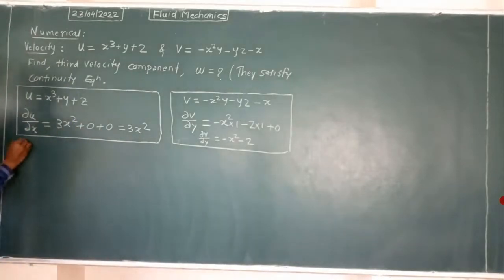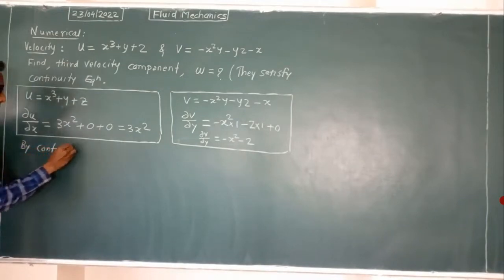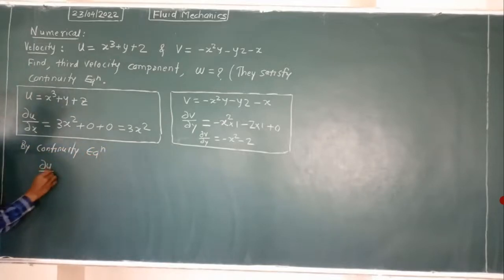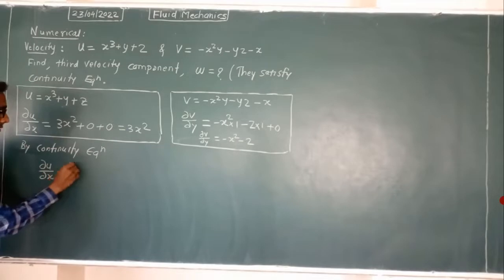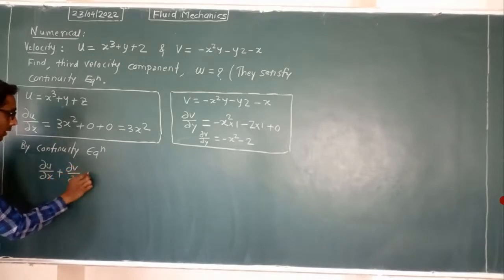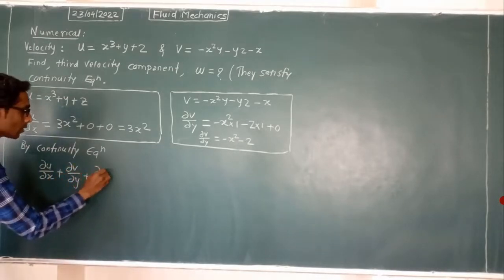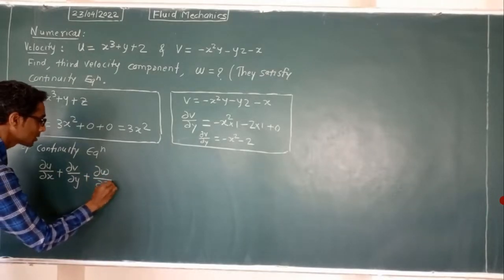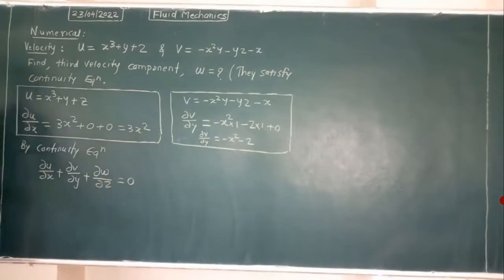Now by the continuity equation we know that the summation of all the differentiation components of the u, v, w velocity is 0.